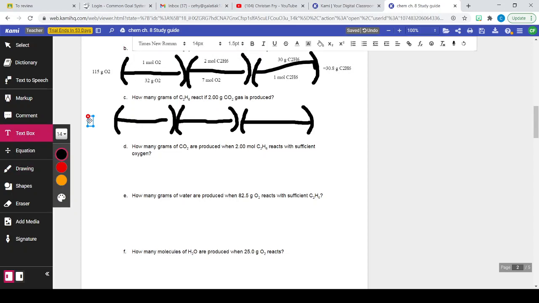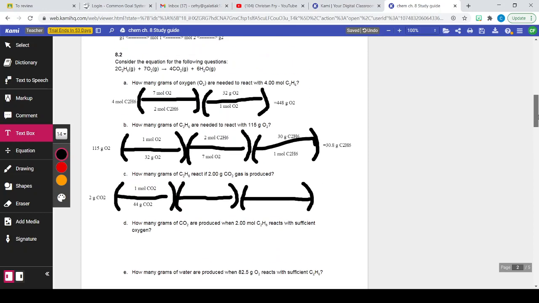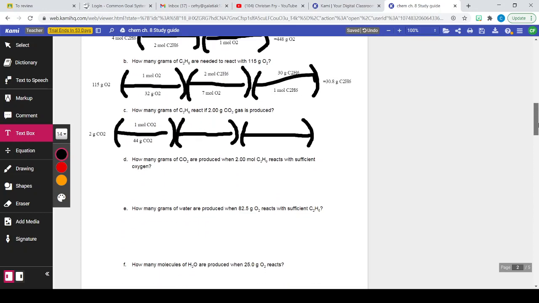Okay, so on the outside of this one is going to be 2 grams of CO2. I'm going to put grams of CO2 down here. Now, oxygen, we know O2 weighs 32, and carbon is 12, so that's going to be 44 grams of CO2 and 1 mole of CO2. Always going to start with this. Now, moles of CO2 go on bottom here. Got to look at my equation, and that is 4.